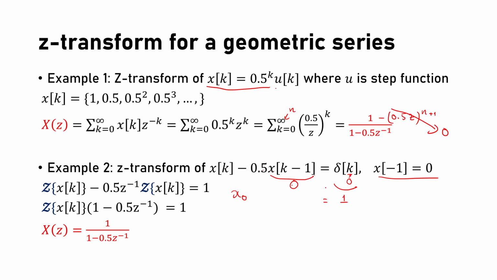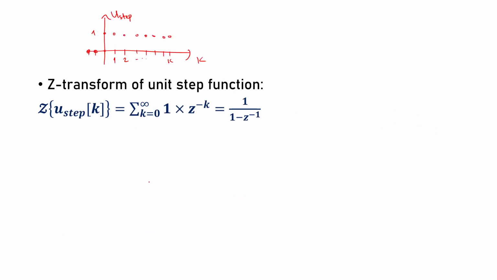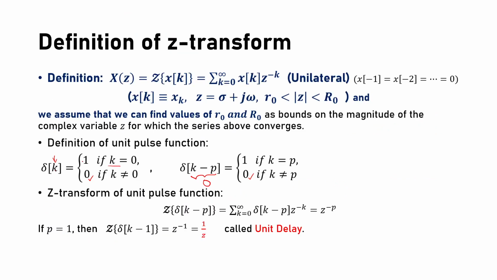I just have a question. What is delta k equal to? Delta k is the unit pulse. It is 1 when the inside argument is 0. Yeah, when inside here is 0, this delta function equals 1. Otherwise, always 0.